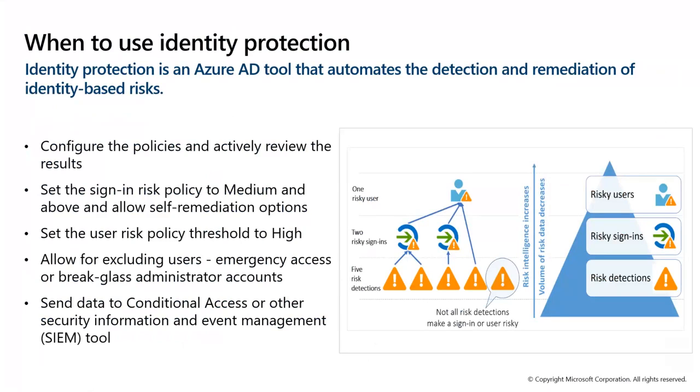Premium 2, my friends, includes this amazing service called Identity Protection. That is one of my favorite services for security because it uses artificial intelligence and machine learning. Identity Protection uses a machine learning algorithm called behavioral analytics. Basically, it evaluates the way you behave as a user to determine if you're at risk.